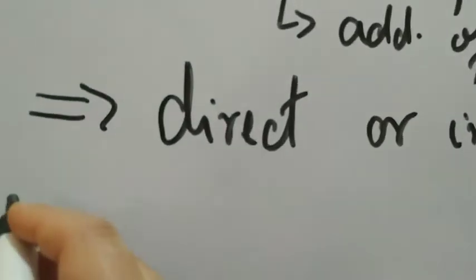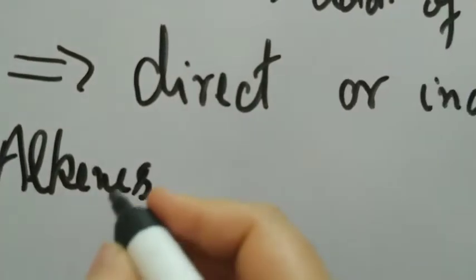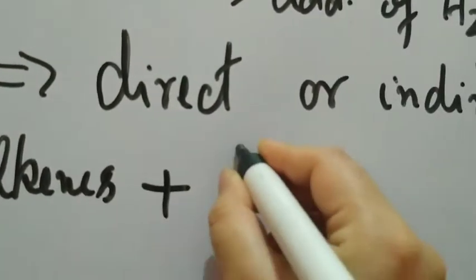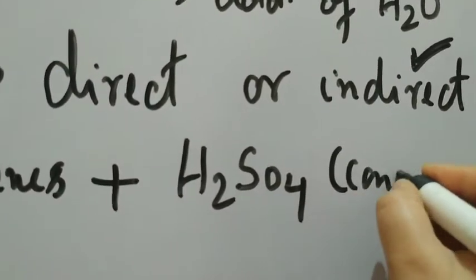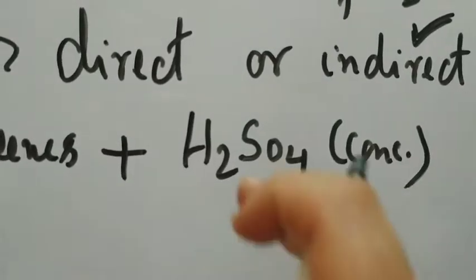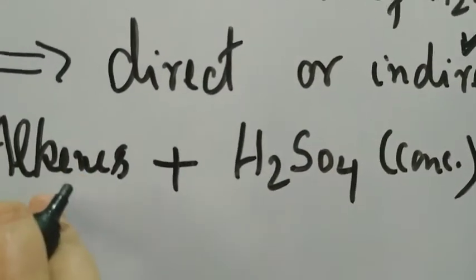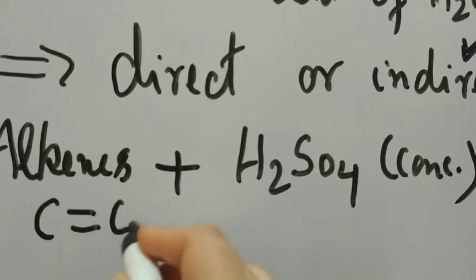How? We'll be taking an alkene, and we'll do the specific reactions later. To this alkene we'll be adding H2SO4, which is taken in the concentrated form. We select a protic acid because an alkene is a hydrocarbon in which there is at least one carbon-carbon double bond.